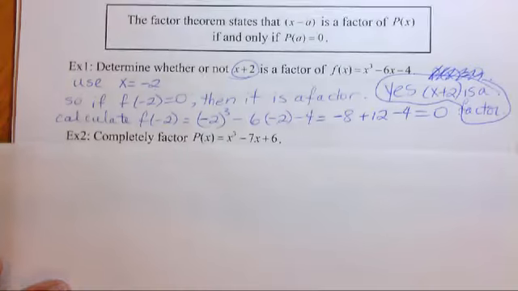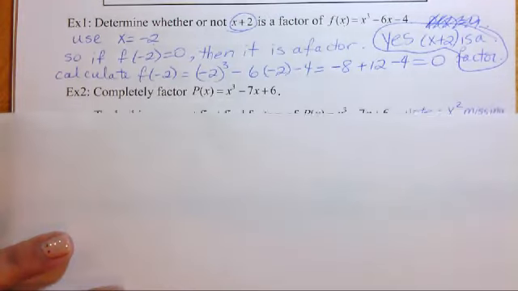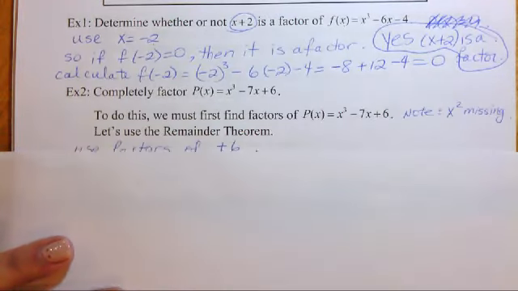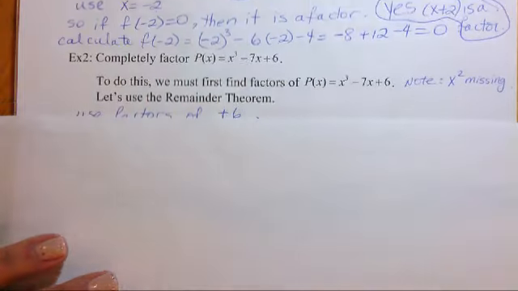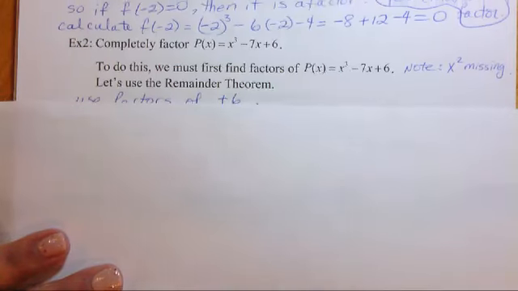Okay, now let's look at this question where it says completely factor p of x, x cubed minus 7x plus 6. Just as a side note, notice that the x squared term is missing, so you're aware of what you're looking at. To start us off, we're going to use the remainder theorem to decide, well, if the remainder is 0, then it means that it is a factor.